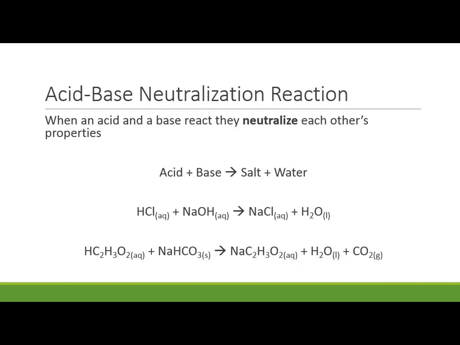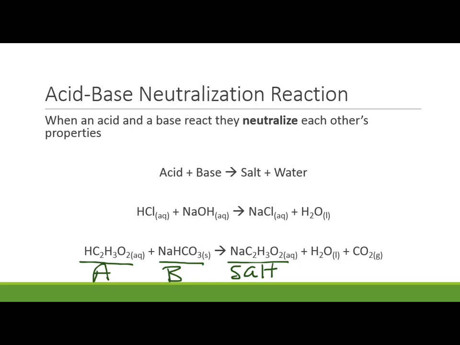Now we can see in this next one, a similar reaction. This is actually baking soda and vinegar. All right, so looking at this one, we actually have vinegar here and baking soda. This one's an acid, this one's a base. We mix those together and we make a salt, an ionic compound, in this case sodium acetate.